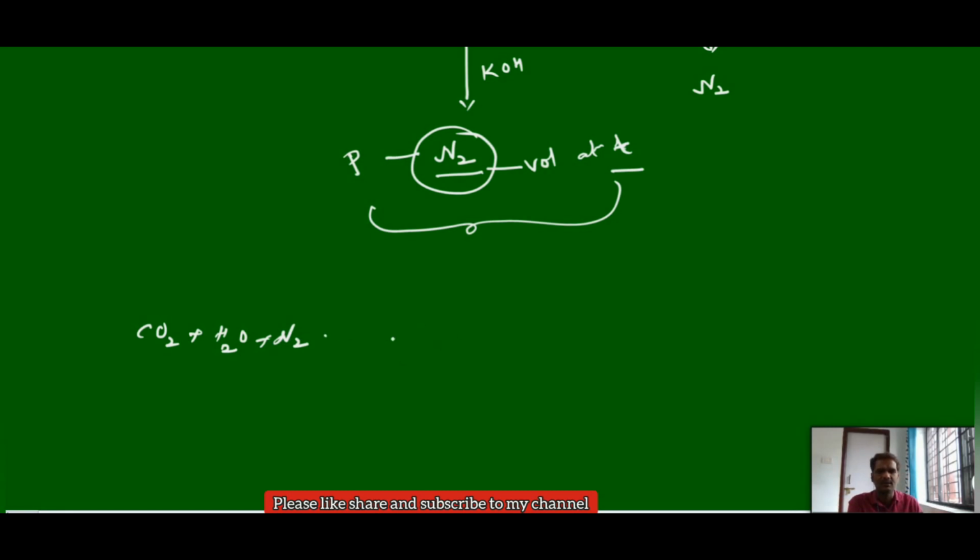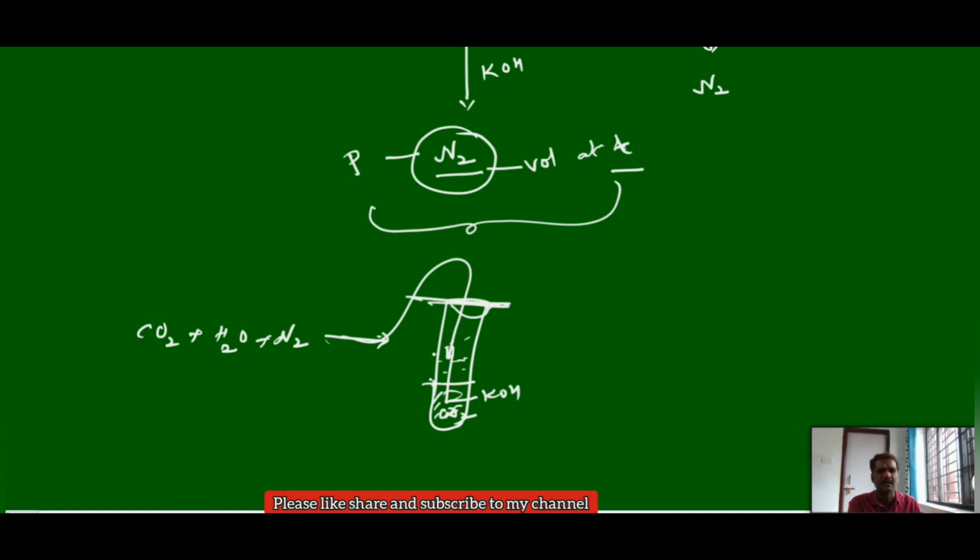This mixture is passed through potassium hydroxide solution, KOH, in a tube. Then all the carbon dioxide will be absorbed here, and water also is absorbed by the KOH. Only nitrogen is left, and that can be collected over the KOH solution.